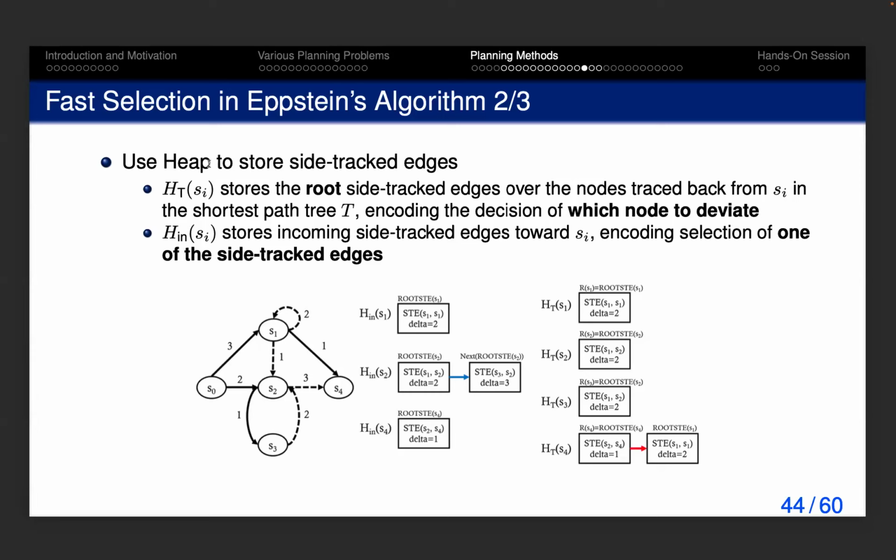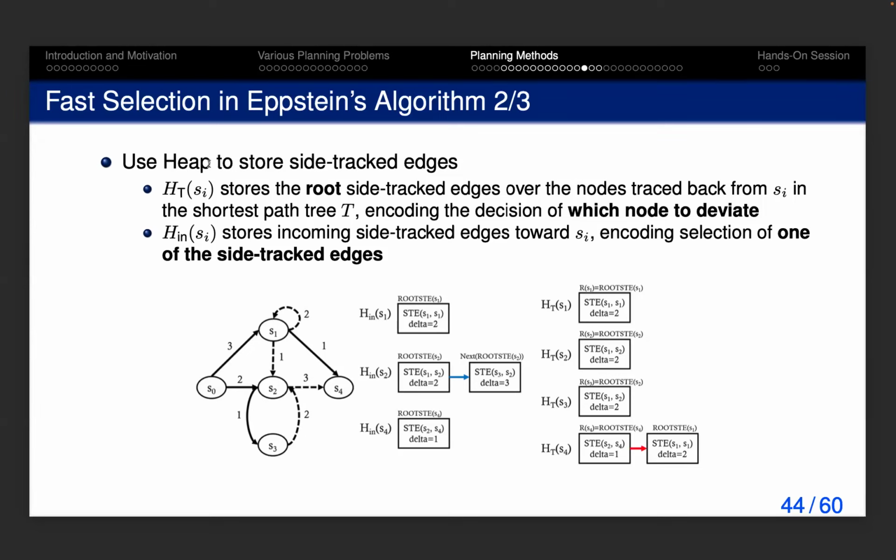The H sub t S_i stores which node is going to give you the least deviation cost when you decide to deviate. You have to define one heap per every state, and it only stores one root sidetrack edge that's incoming to each node.